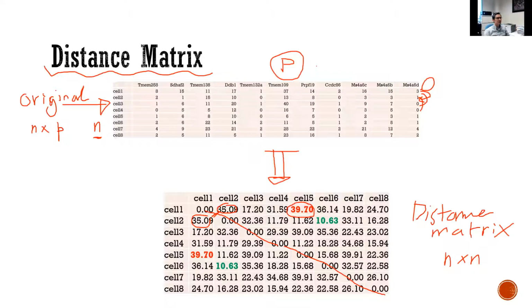Cell 1 and cell 5 have a very different expression profile, so the distance between them is large. And cell 2 and cell 6 have a very similar profile, and then the distance between them is small. Again, the matrix is symmetric.